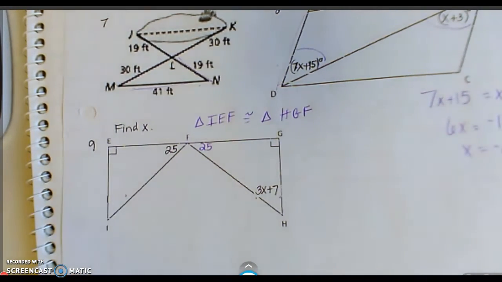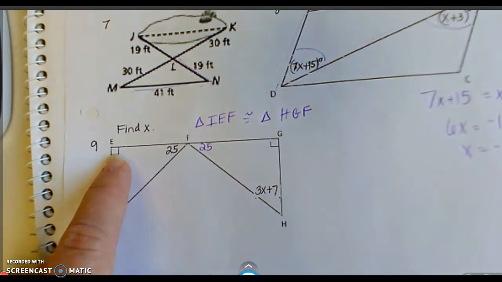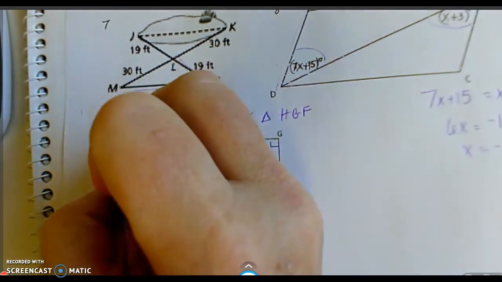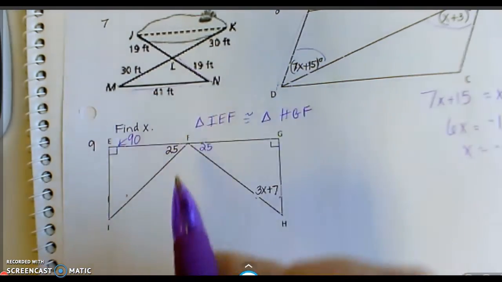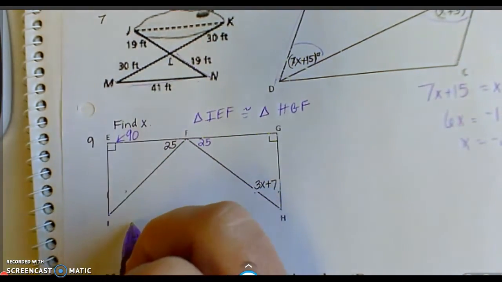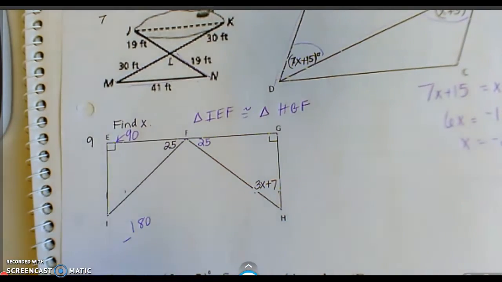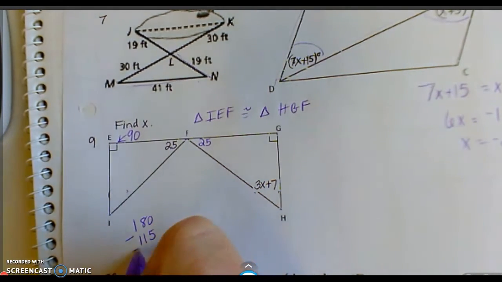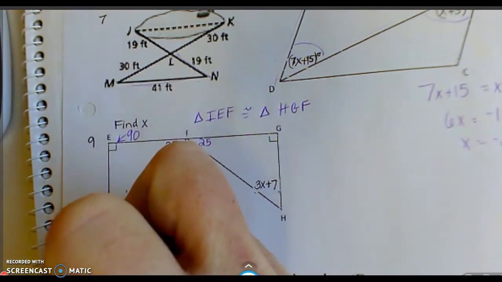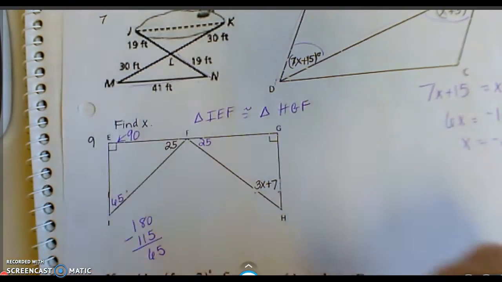I know that in a triangle all the angles add up to 180. So I'm going to take 90 and 25. Remember, this is 90 because it's a right triangle. 90 and 25, I'm going to add that together and subtract from 180, which will give me this angle here.